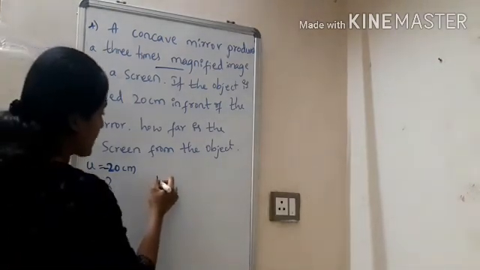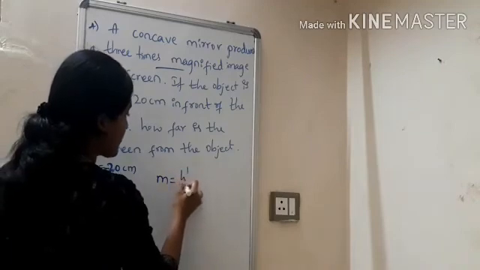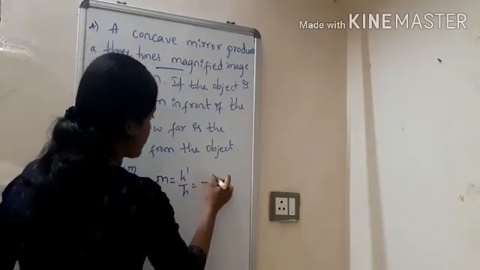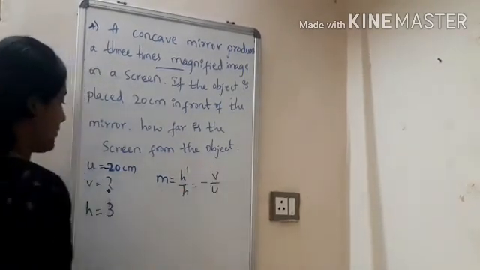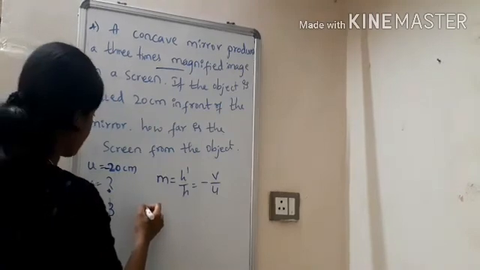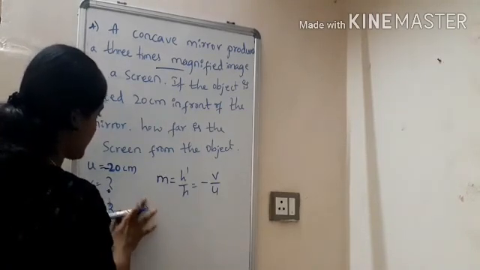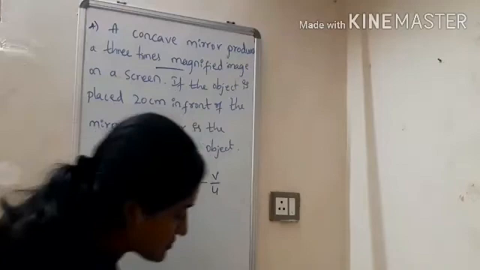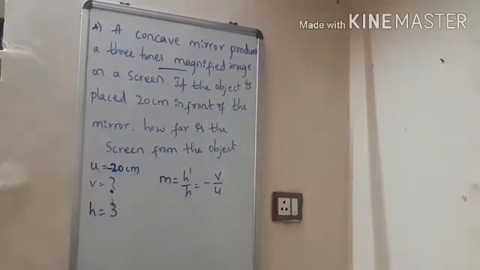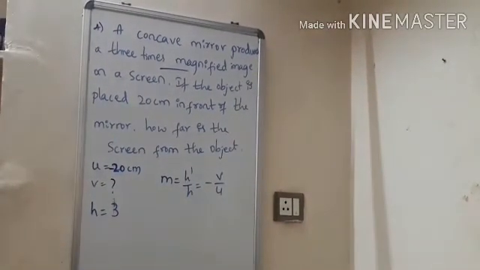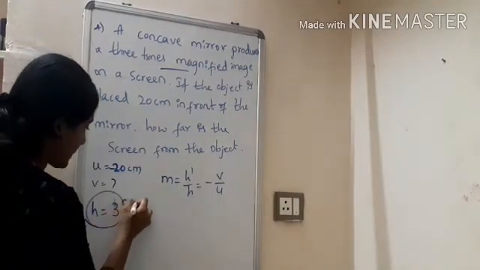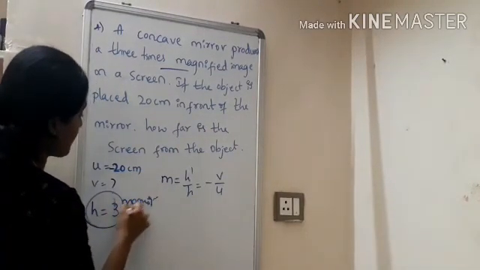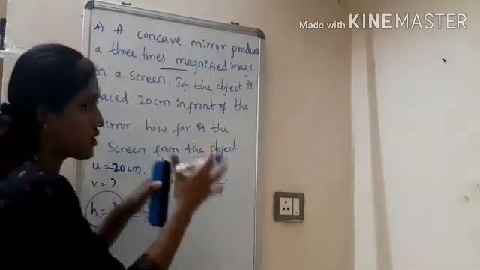So I will write the magnification formula: h dash divided by h is equal to minus v divided by u. We have to find out the v here. Here they gave the magnified image, the enlarged image directly.